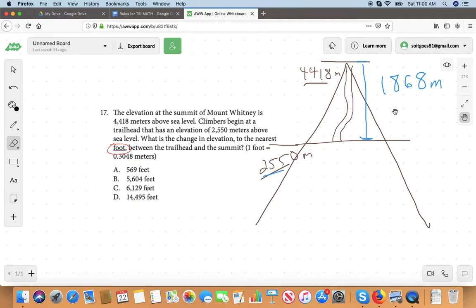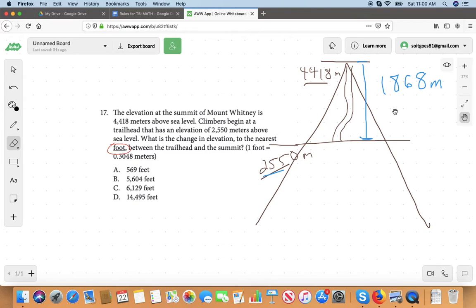The reason I like stopping and considering the numbers you're coming up with is to make sure you're on the right track. If I had added them, I'd get something like 6,000 meters as the difference, and that doesn't make much sense. If I'm going up 6,000 more meters, I'm not going to end up with 4,418 meters at the top.